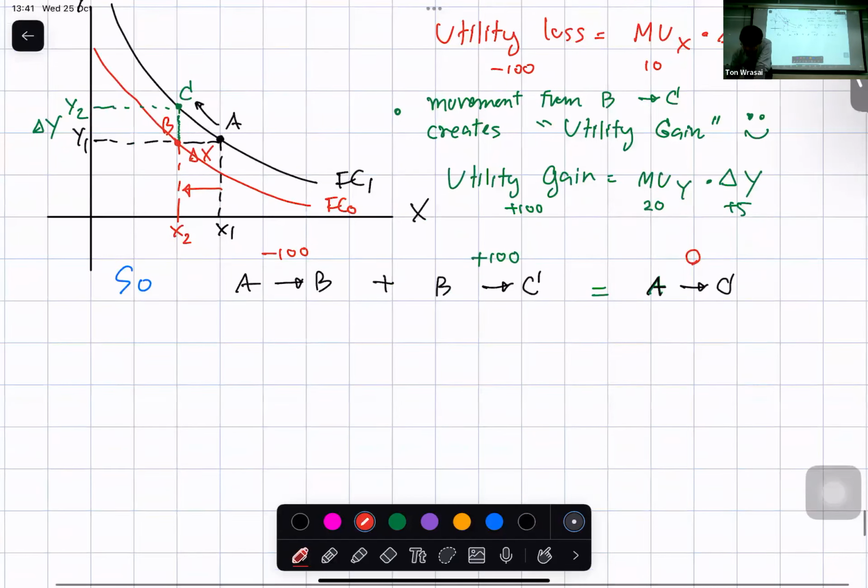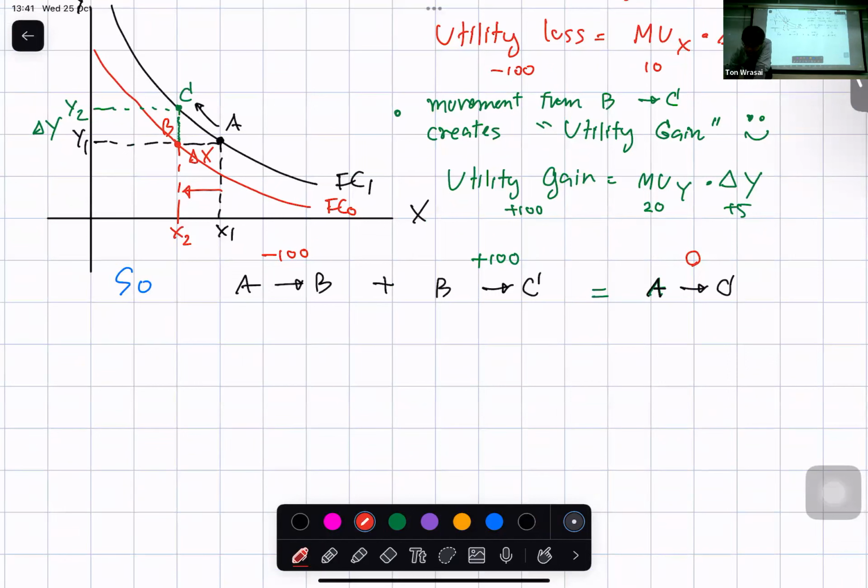The argument is that A to B is a utility loss plus B to C is a utility gain, and it doesn't change anything. Change in utility is 0.